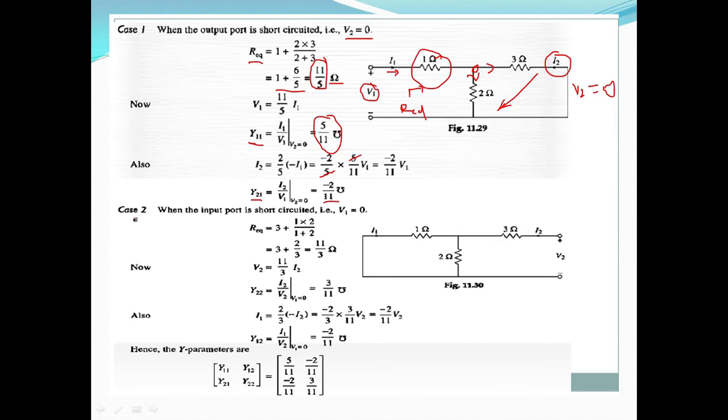Next, in the second case, when the input port is short circuited, it means V1 is equal to 0. Once V1 is equal to 0 and V2 is available, again we want to find the R equivalent for this side.